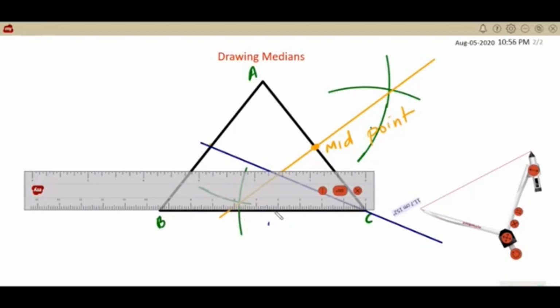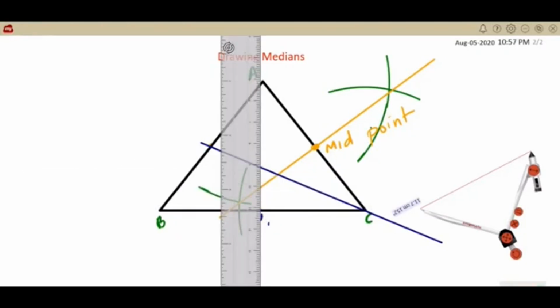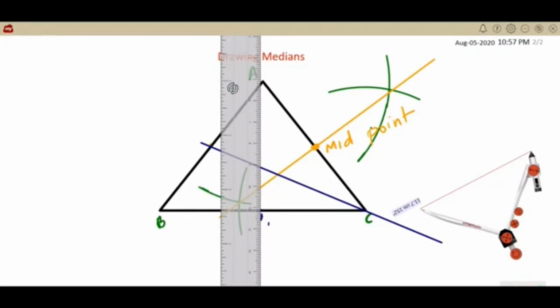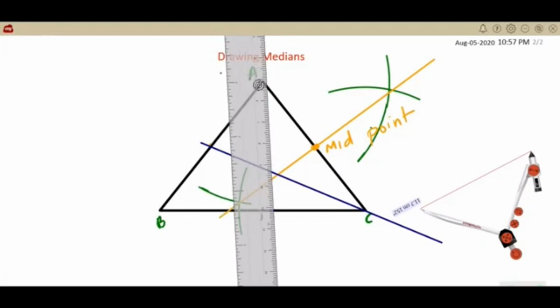It is almost 9.5, that means 4.75 I have to mark, using the ruler scale, and we will connect A to that point. The opposite vertex is A, and we draw a line connecting A to this point. So we will connect that.